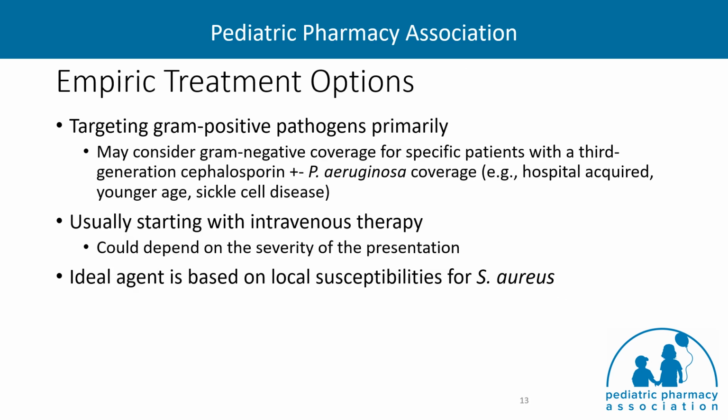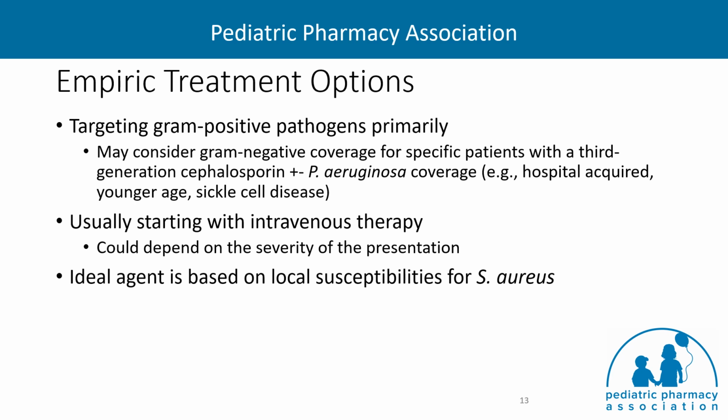So now we've gone over what the bugs are. You should then design your empiric treatment options, this is empiric before you know what the actual pathogen is, based on what the most likely pathogens are. So as we said before, most of the time we're covering gram-positive. We're targeting Staph aureus for osteo or septic arthritis.